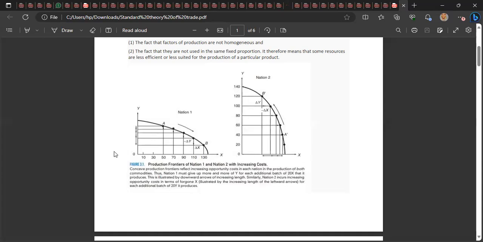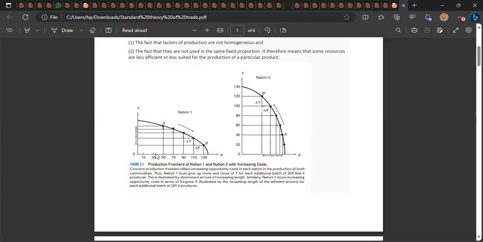Then we're also saying the shape of these PPFs tells you about a country's comparative advantage.